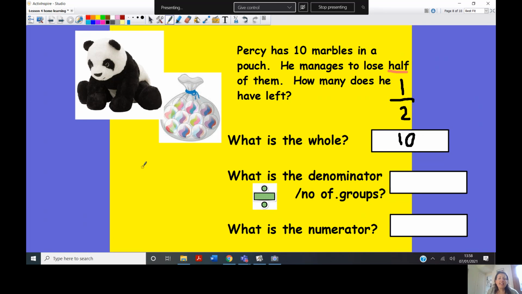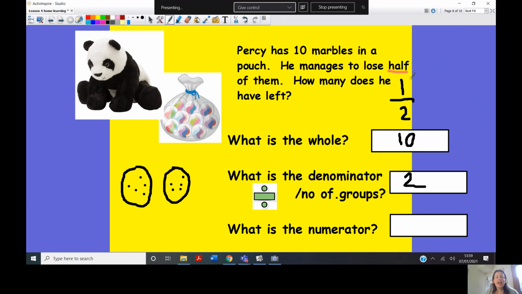So we need to split our whole between 2 equal groups. 1, 2, 3, 4, 5, 6, 7, 8, 9, 10. We are going to divide the whole by the denominator. So we are going to divide 10 by 2.